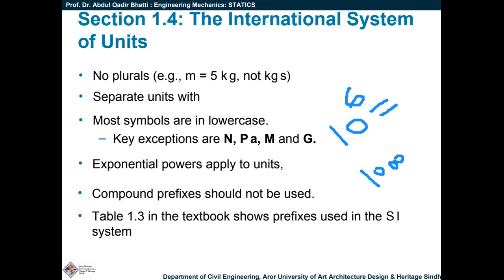These 6 zeros we convert into exponential form. So we can use exponential power with the units, like 10 raised to power 6 meter. We cannot write 1 followed by all the zeros; we convert to exponential power.